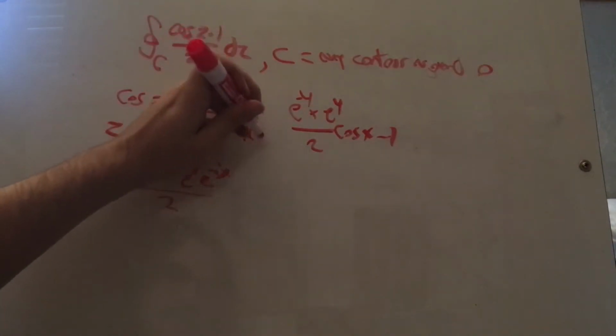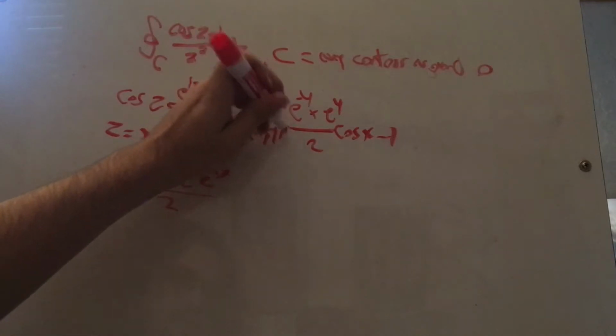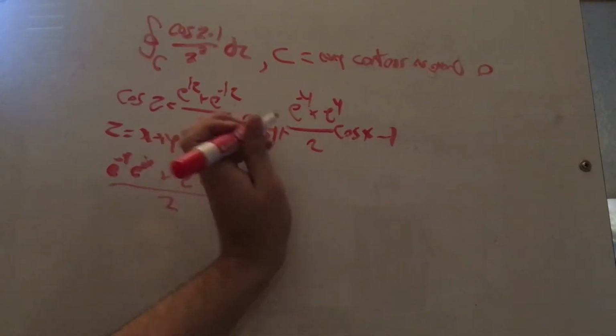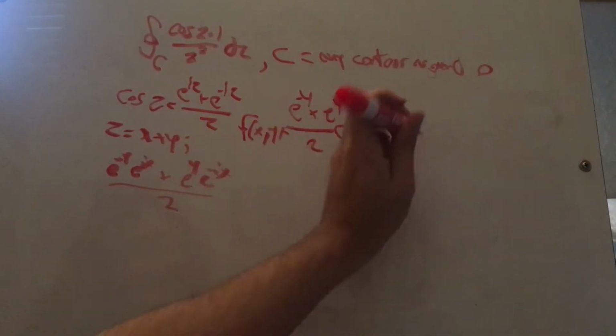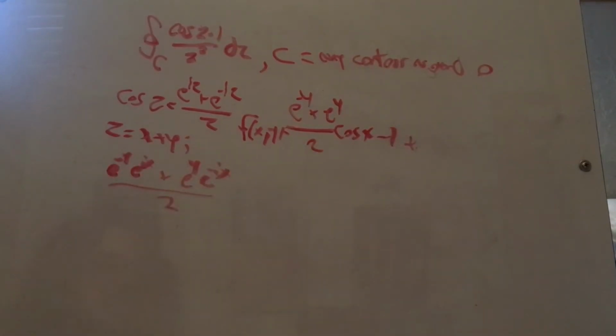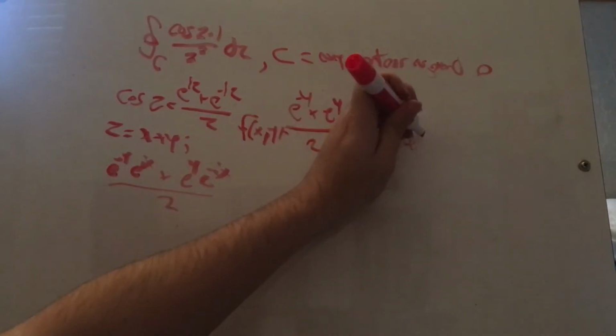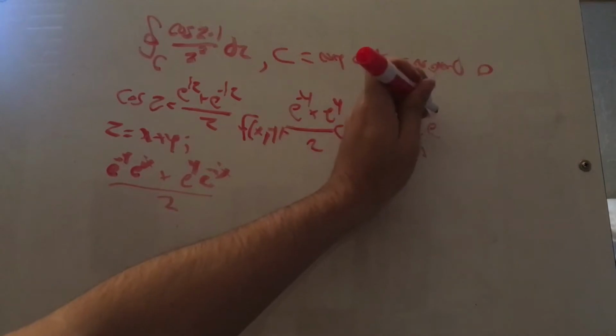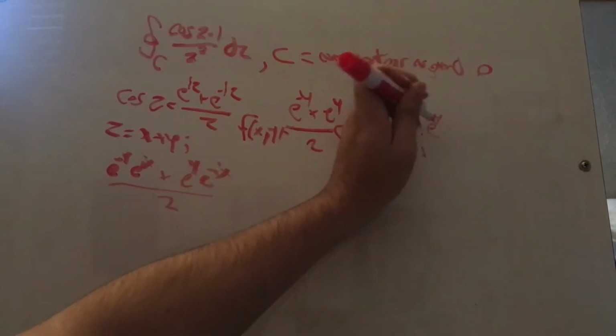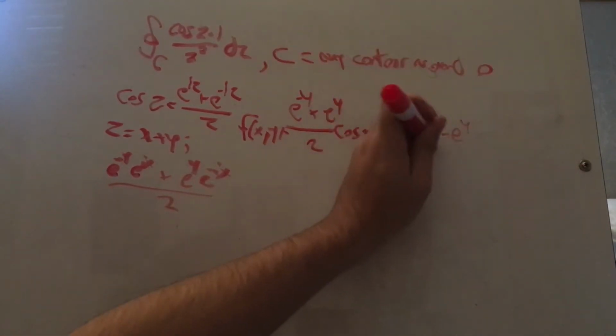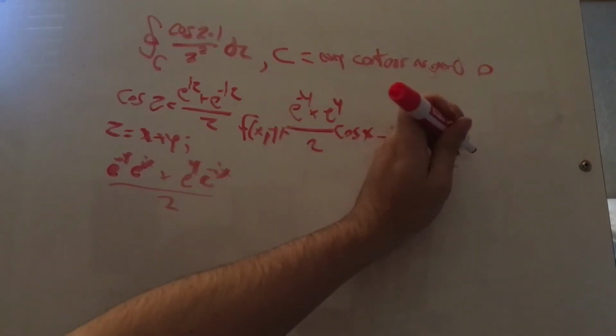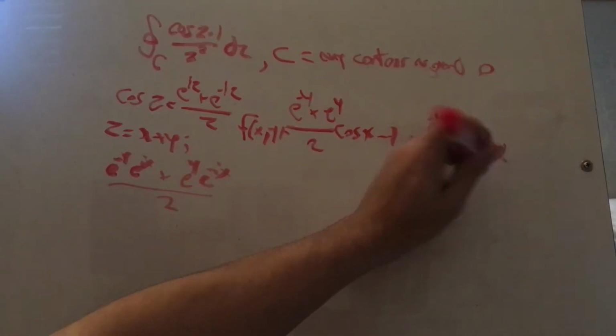So I'm going to write this as f of xy. f of xy is equal to this, plus the i sine part, which is i times (e to the negative y minus e to the y) over 2 times sine x.